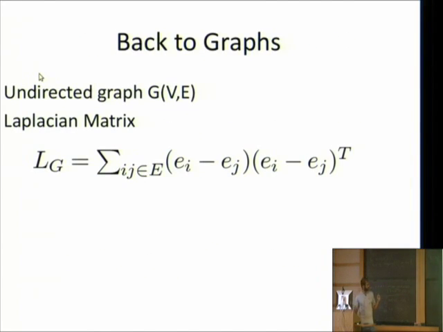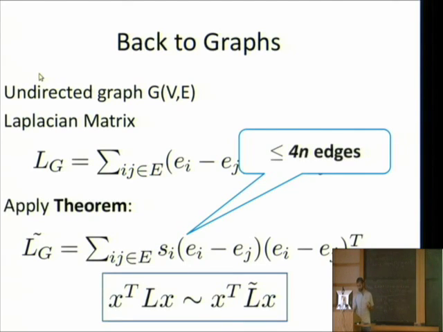So again, if I go back to my world of graphs and apply this theorem there, I get something nice. You give me a graph G. I look at its Laplacian matrix L sub G, which is the sum of these outer products over the edges. I plug in this theorem, and I get some weights, and the weights correspond to some other graph G tilde.